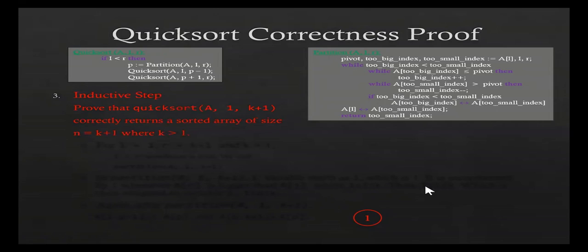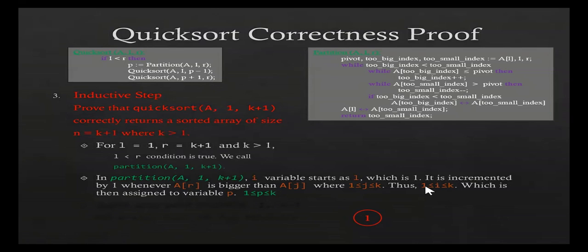Now in our inductive step, we'll try to prove that the quicksort works perfectly for k plus 1 elements. In that case, we have L equal to 1 because we start from the first index, and R equal to k plus 1. So the condition is satisfied, right? Before doing the partition, the condition has to be satisfied.